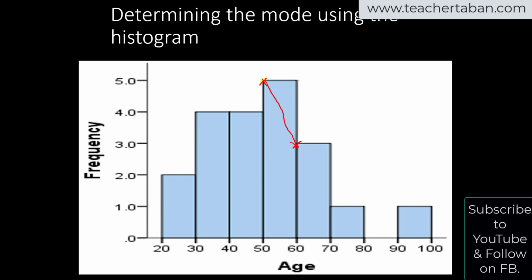Then do the same for the other corner, join the two, and afterwards draw a dotted line down to where the lines intersect. This value here, you read it from the graph. That value gives us the mode. That's how we get it.